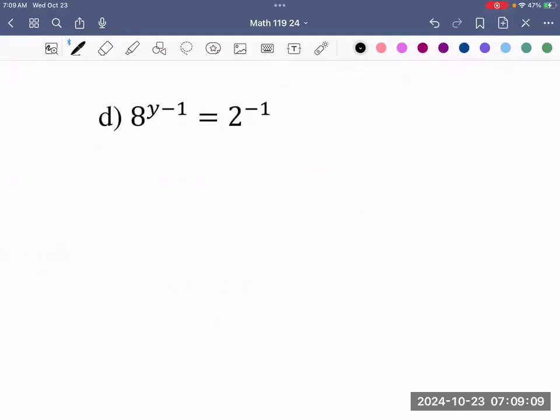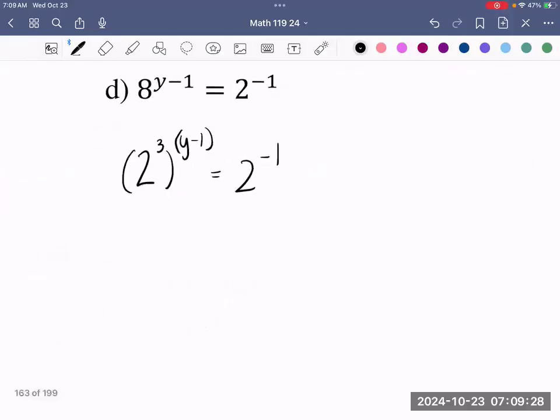Let's try it again with D. So we have 8 and 2 as your base. So 8 will be 2 cubed to the y minus 1. And again, there's a binomial, so let's go ahead and put parentheses around it. Now let's go ahead and clean up your exponent.